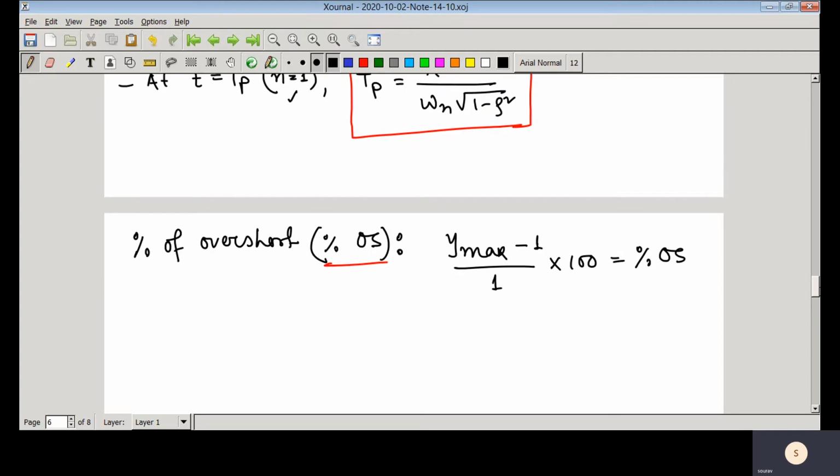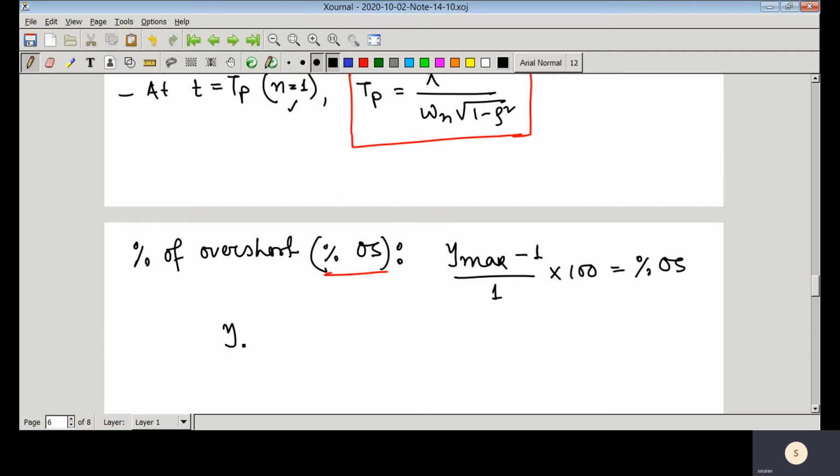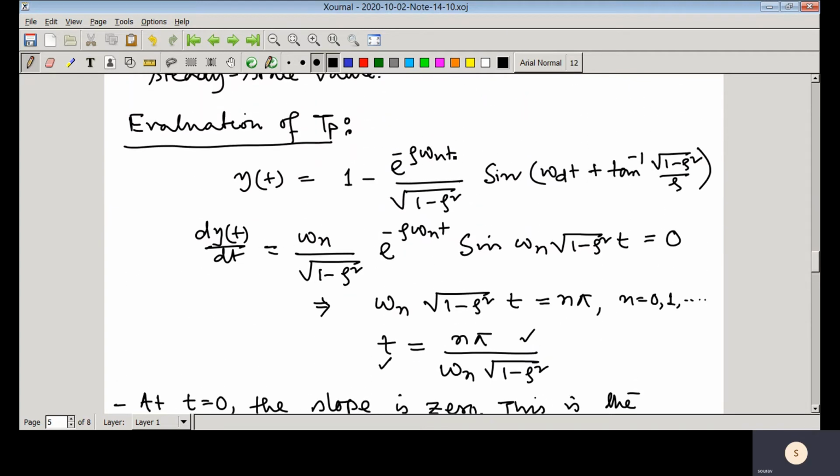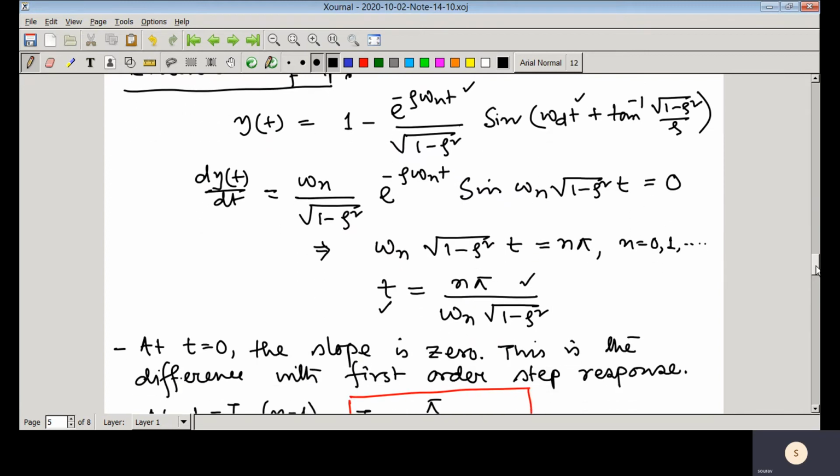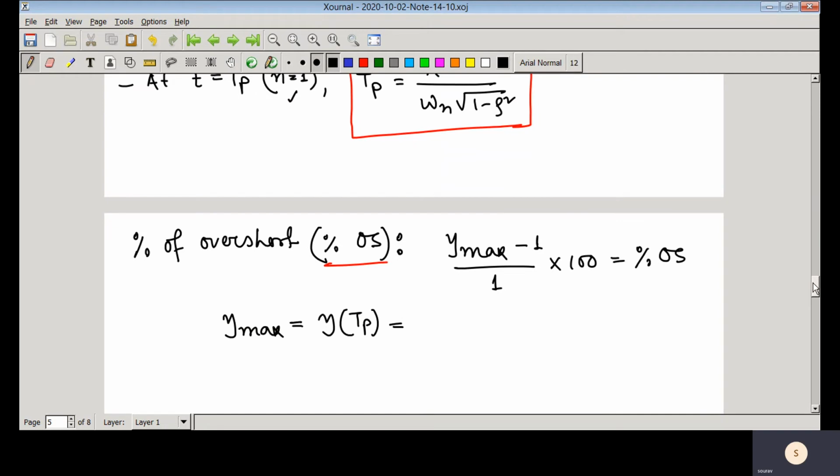So let us see what y max is, because y max occurs at t equal to Tp, that is y(Tp). If we replace Tp here, here and here, we get the simplified value: y(Tp) equals 1 plus e to the power minus zeta pi divided by square root of 1 minus zeta square.